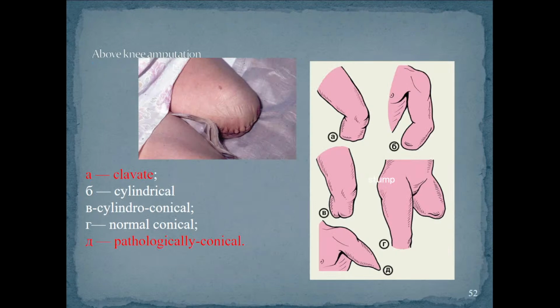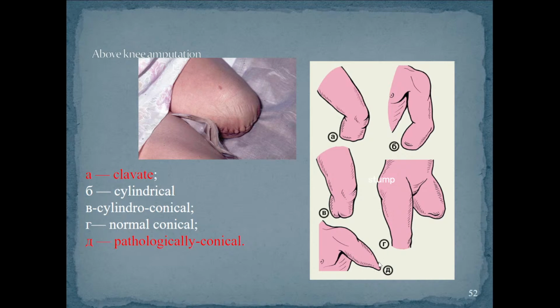Here you can see the stumps, the different forms: clavate, cylindrical, conical, normal conical, pathologically conical. This is D, pathologically conical. Why is it so? Because the bone was not cut and the amount of soft tissue was not enough to cover the bone completely.